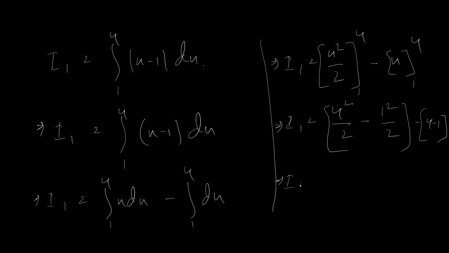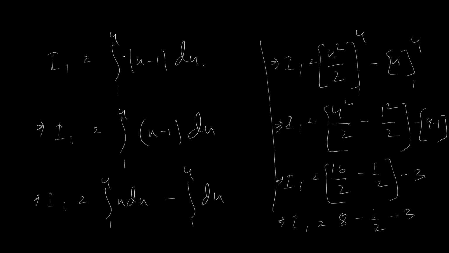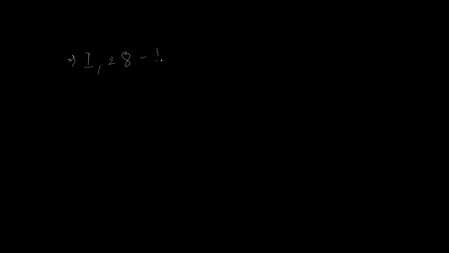This is 16 by 2 minus 1 by 2 minus 3. So I1 equals 8 minus 1 by 2 minus 3. Let's solve it.